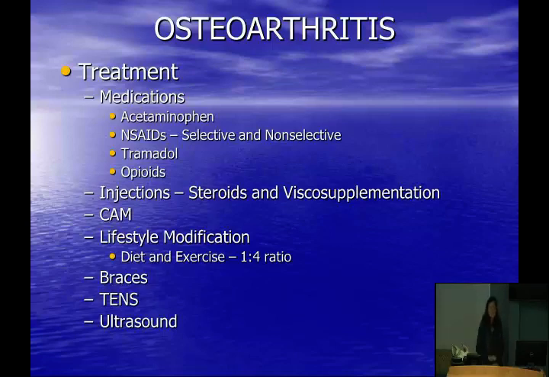And then viscosupplementation is also really good. I tell my patients like WD-40 for the knee. So it is a lubricant for the knee. It's a protein that's harvested from the coxcombs of roosters, and it mimics the elasticity and buoyancy of normal synovial fluid. Your synovial lining, your knee, produces a very thick, buoyant, slippery joint fluid.